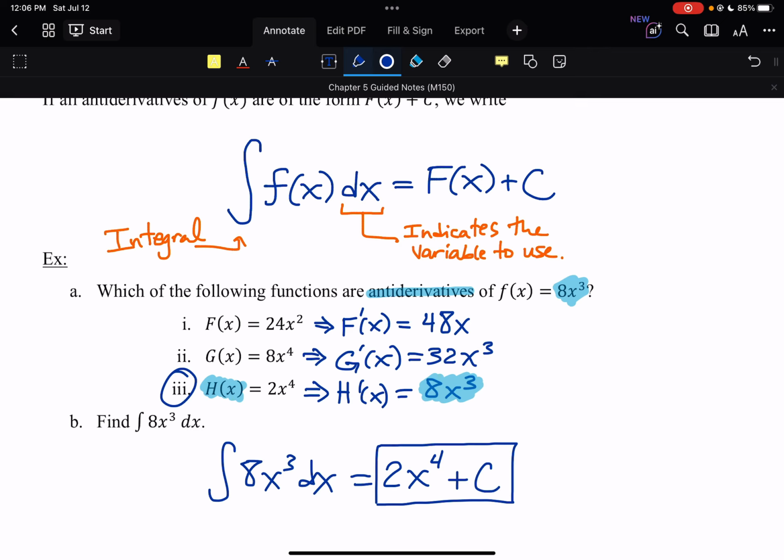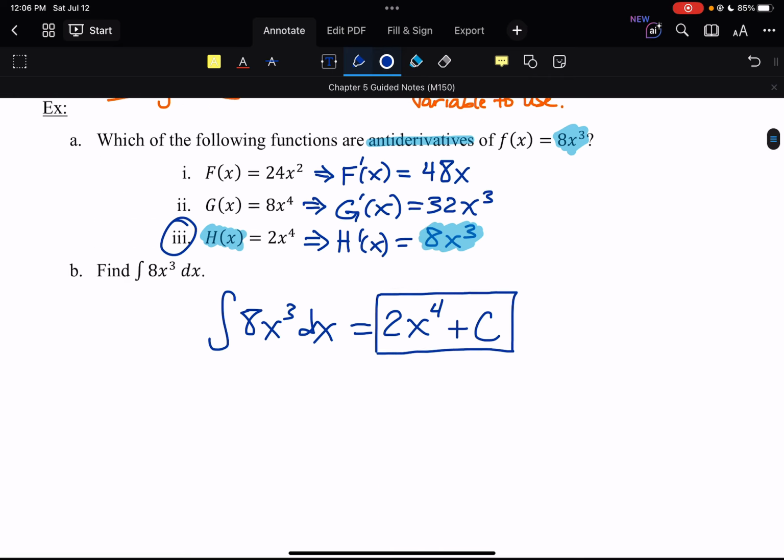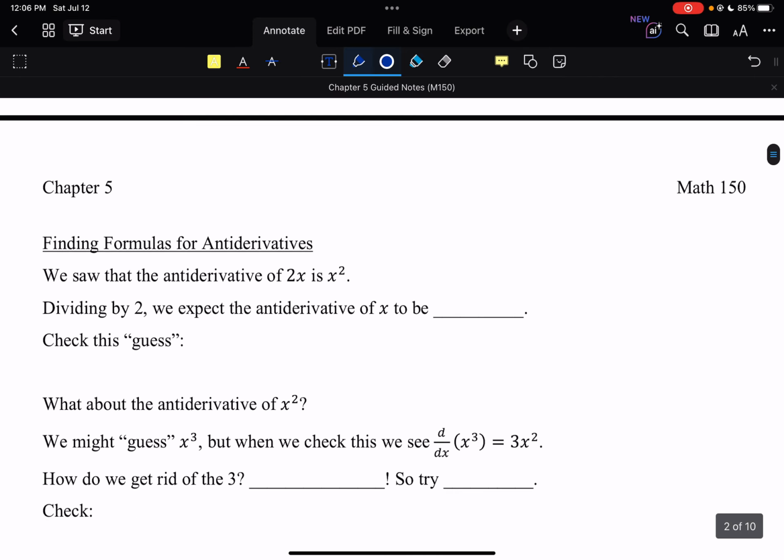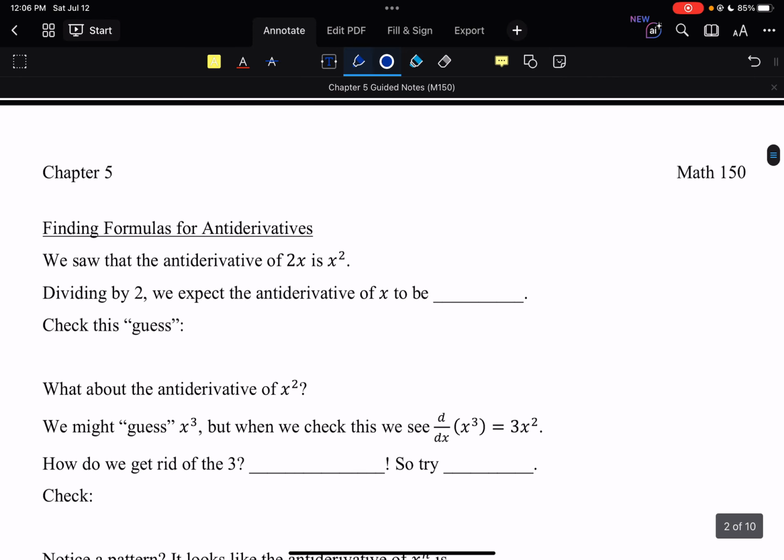So we're going to look at the process of taking an antiderivative by undoing the work of a derivative. So if we look at the top of the next page, we saw that the antiderivative of 2x is x squared. So if we divide by 2, we expect the antiderivative of x to be x squared over 2.